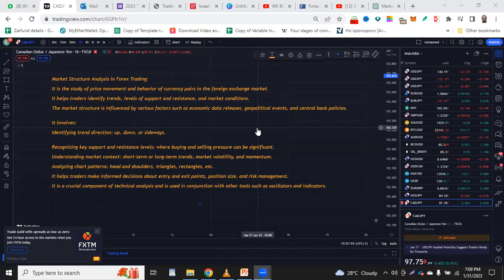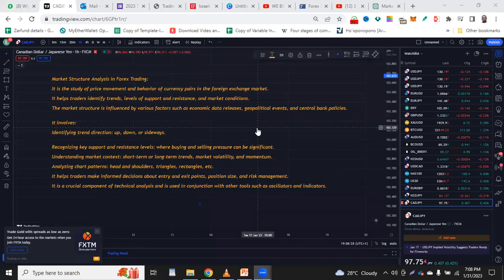It helps traders identify trends, levels of support and resistance, and market conditions. So market structure is basically you looking into the market to identify trends, levels of support and resistance, as well as other market conditions.